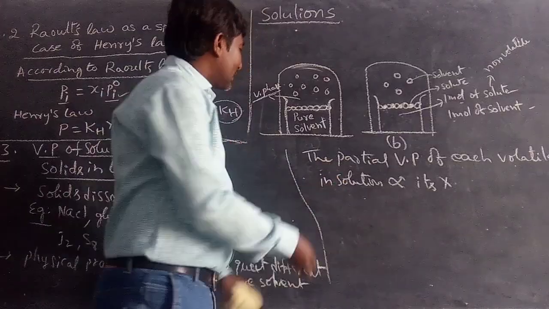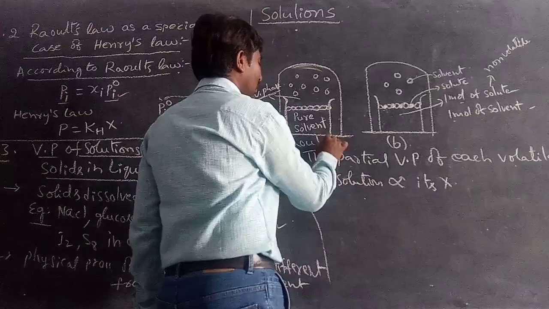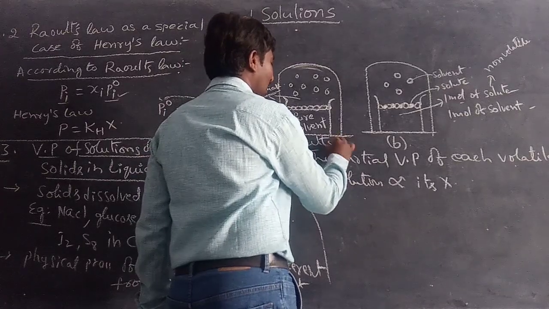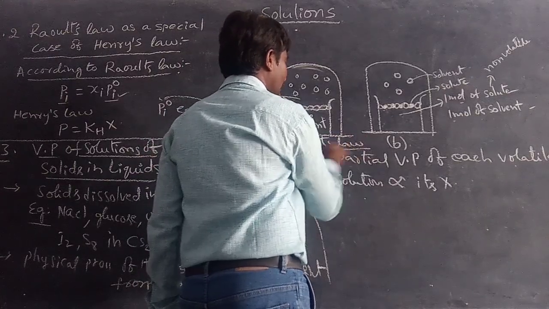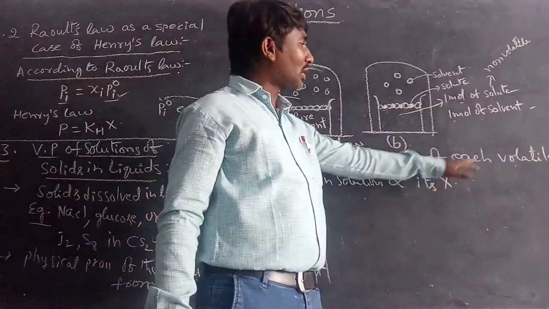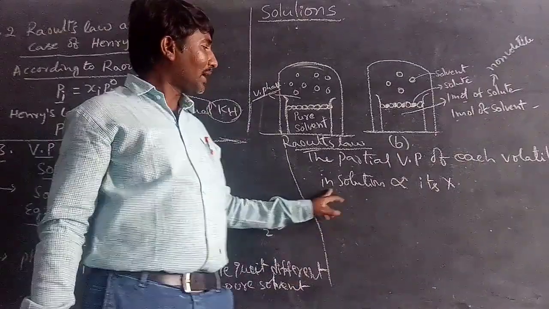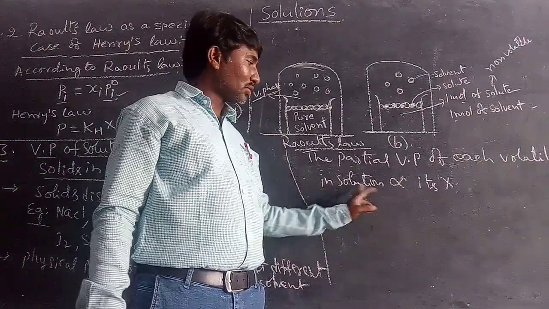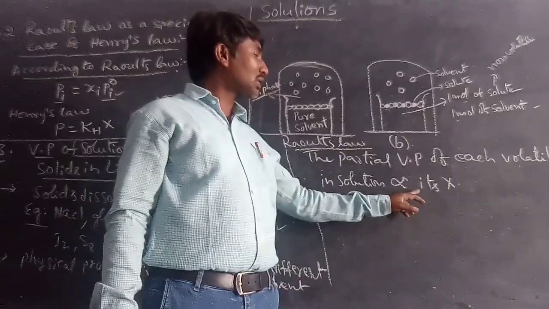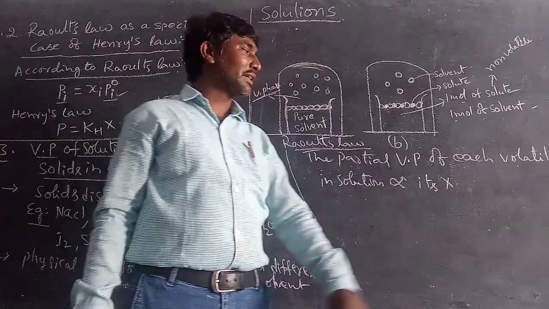In general, this is Raoult's law: the partial vapor pressure of each volatile component in the solution is directly proportional to its mole fraction in the solution.